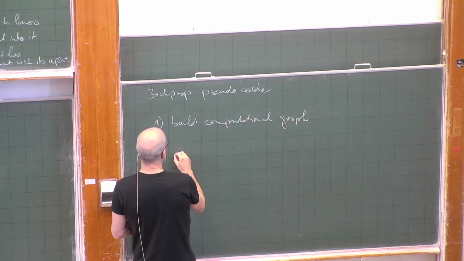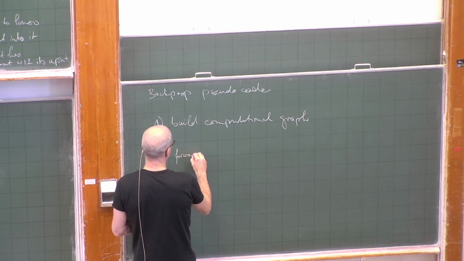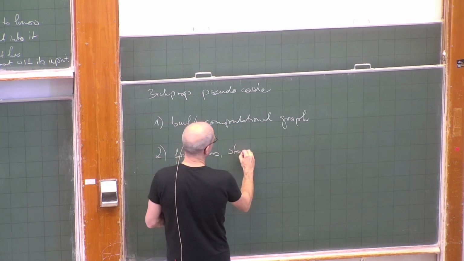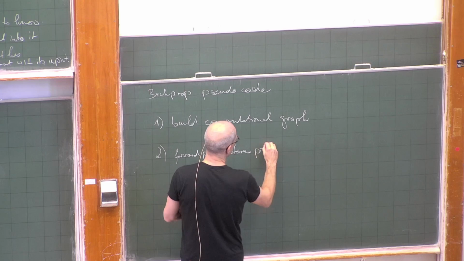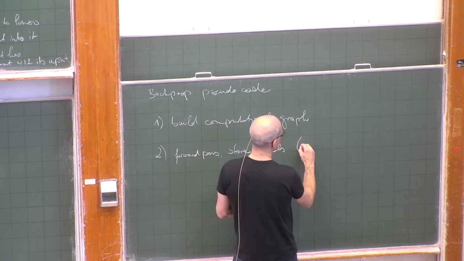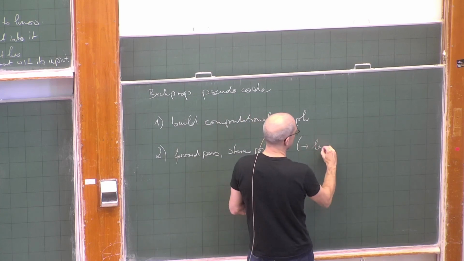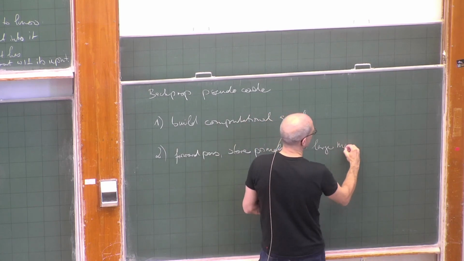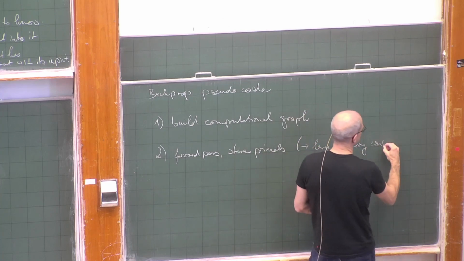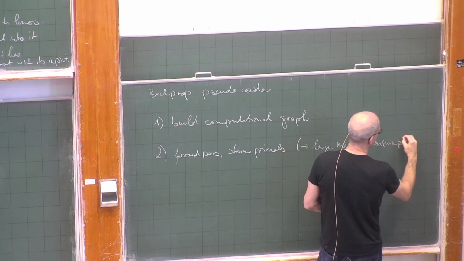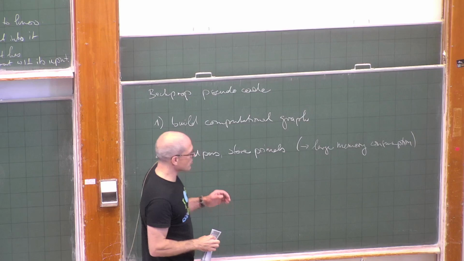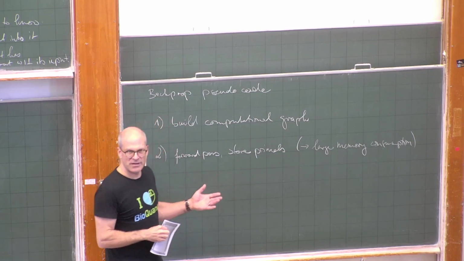Then you run a forward pass and you store or tabulate all your primals. And that means that we need a lot of memory. So this is why to train a given neural network, you need much more RAM than to run it later.